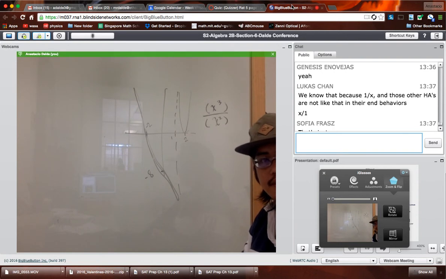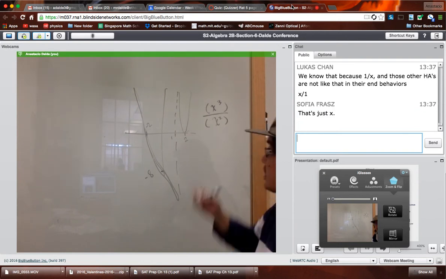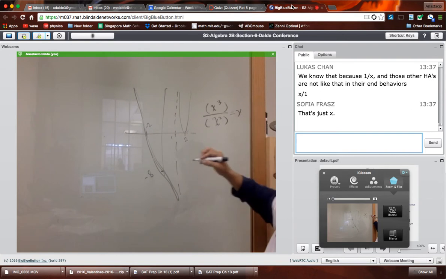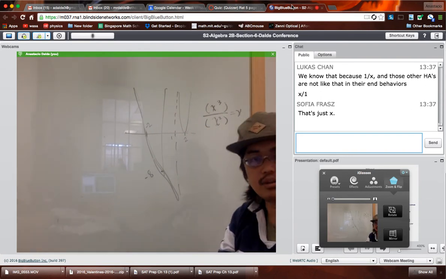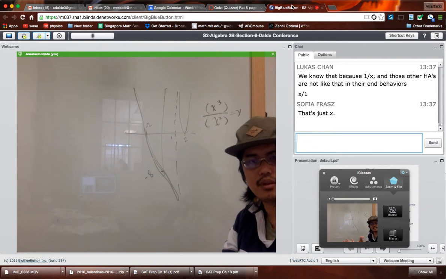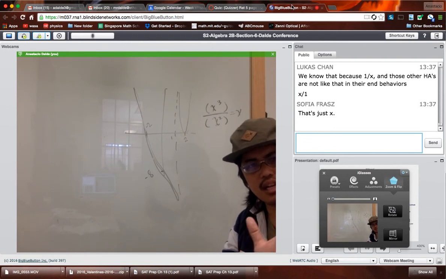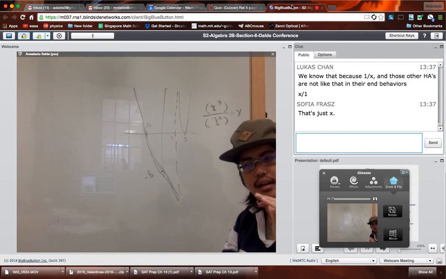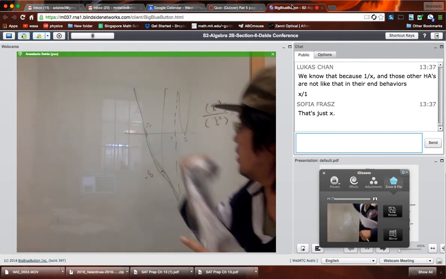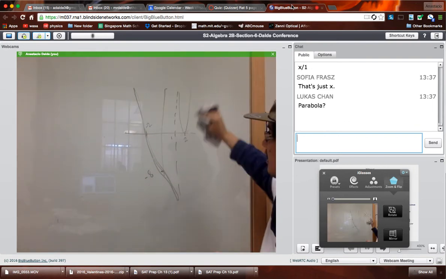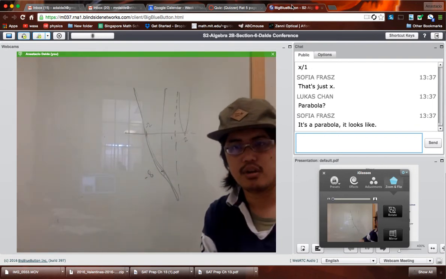Because x cubed over x squared is just x, and graph of x would look like a slanted line, and that's where you would get a slanted asymptote. But this asymptote is not slanted, it's not horizontal. We can figure this out, and you don't need to do this kind of analysis, but I'm just showing you kind of what I'm looking at.